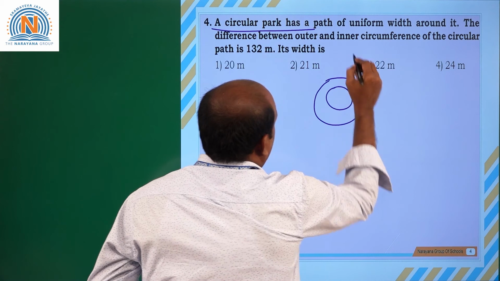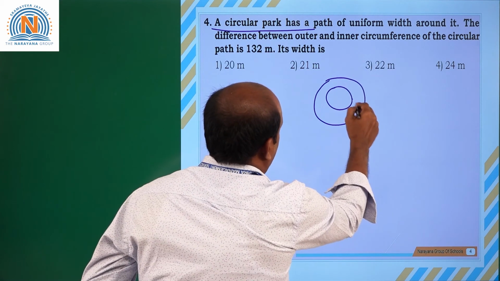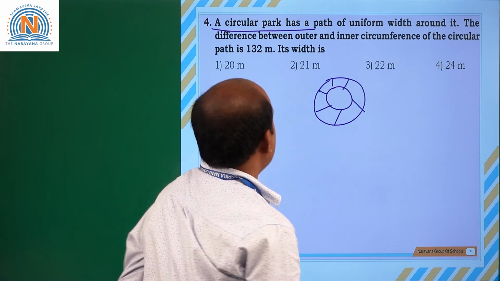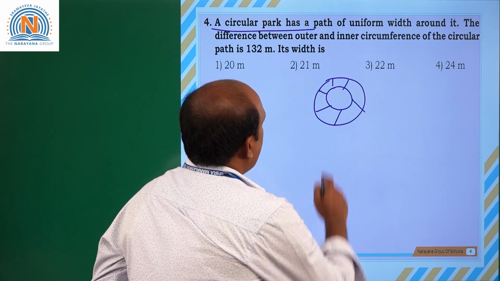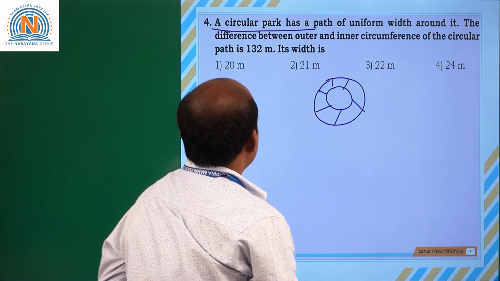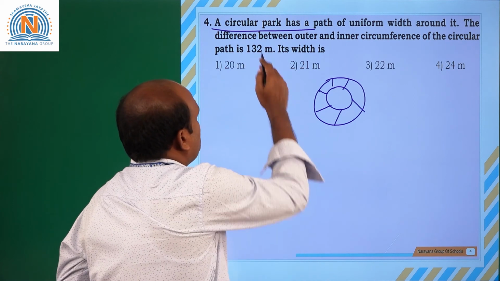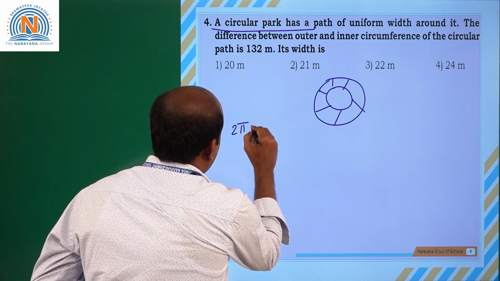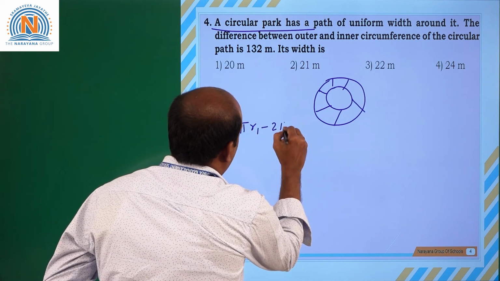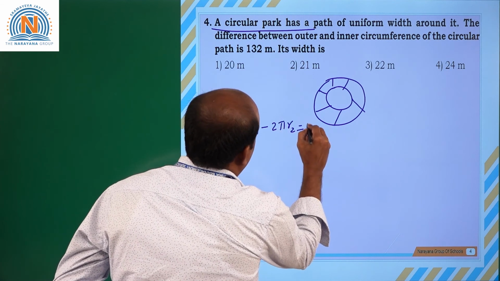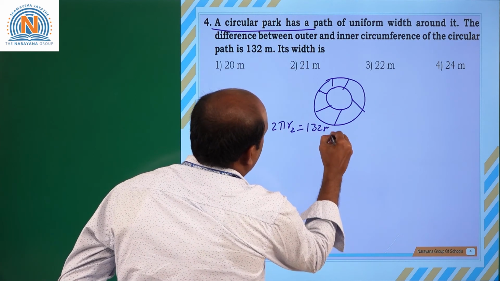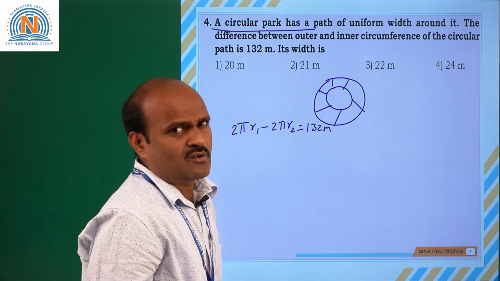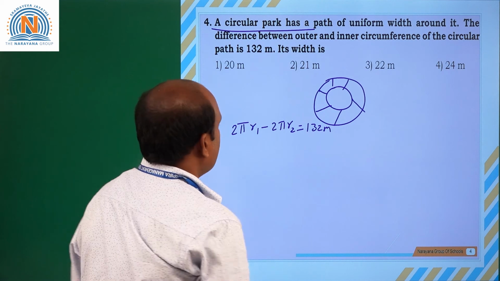The difference between outer and inner circumference of the circular path is 132 meters. That is nothing but 2 pi R1 minus 2 pi R2 is equal to 132 meters. Now what you have to find? R1 minus R2.